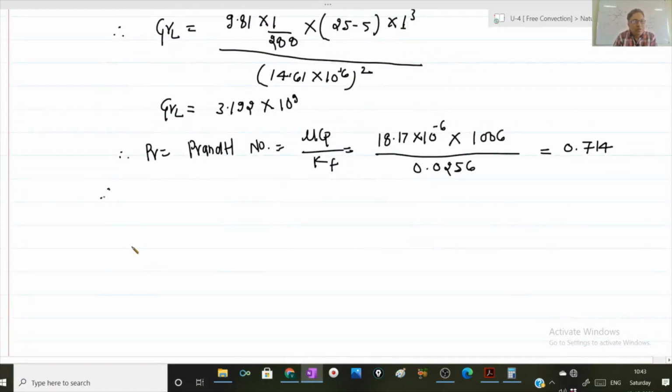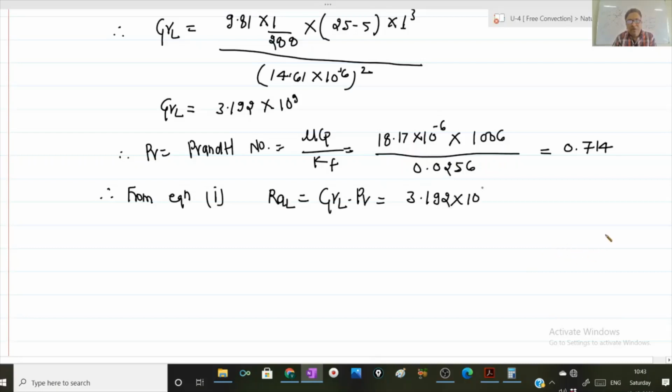Therefore, from equation 1, the value of Rayleigh number, that is GRL into PR, will be 3.192 into 10 to power 9 into 0.714.